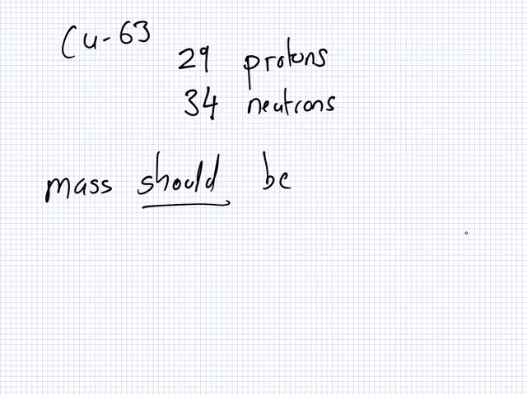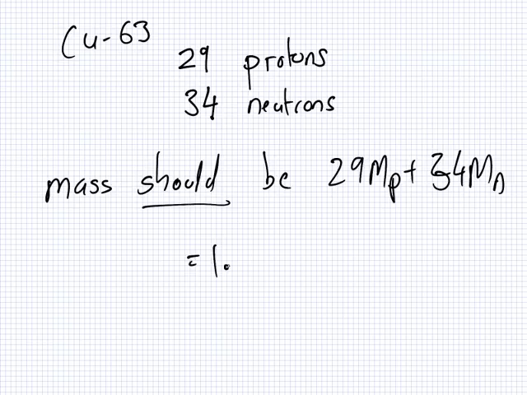So 29 protons plus 34 neutrons. So the mass should be 29 mass proton plus 34 mass neutron, 1.0545 times 10 to the minus 25 kilograms.